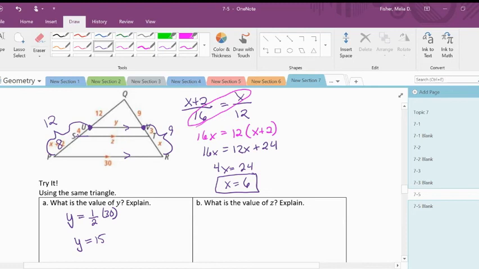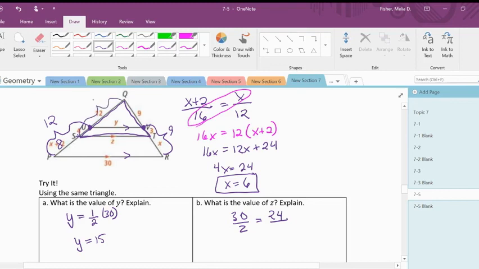We're going to need to use the 30 and the z. And then since this is a whole piece of a triangle and a whole piece of this triangle, if we did 30 over z, we need to use 24, which is the whole thing, and 16, which is just this piece from here to here.